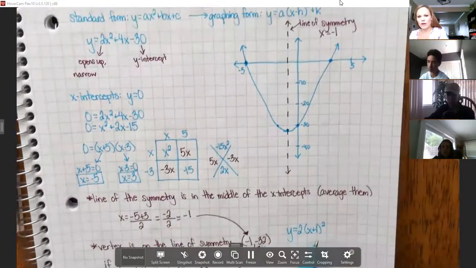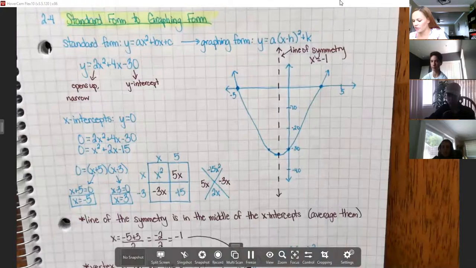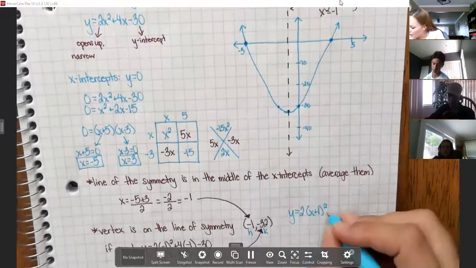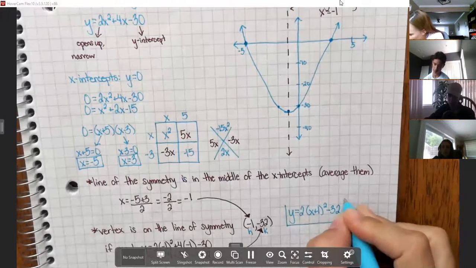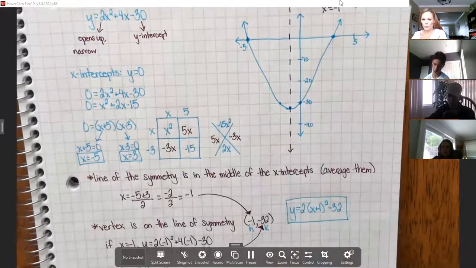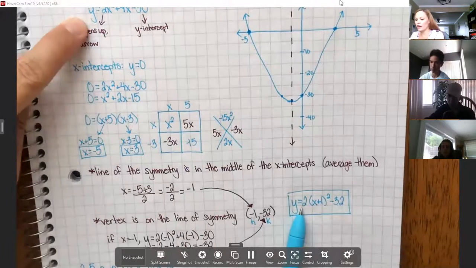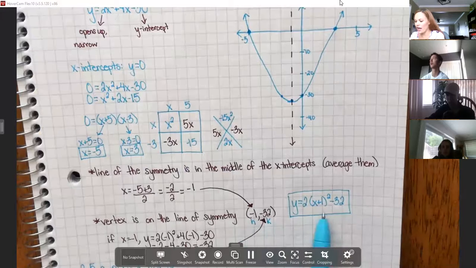Remember, it's a plus 1 because this is x minus h. H is -1, so when we subtract that -1, it becomes a plus. And then minus 32. Again, a was already given to us. We didn't have to do any thinking. And then this is our h, k value.